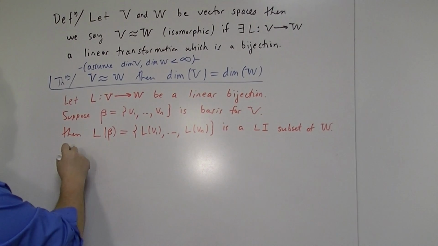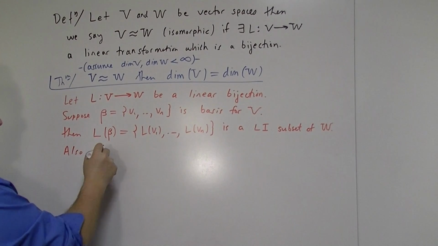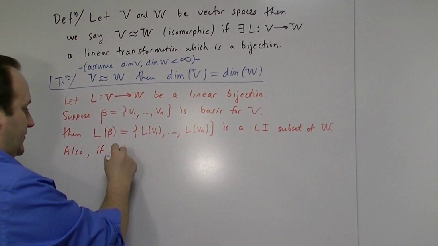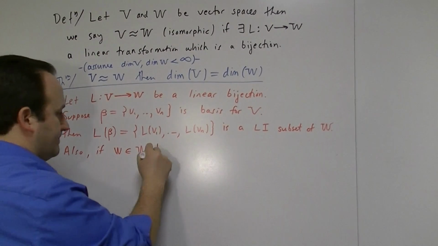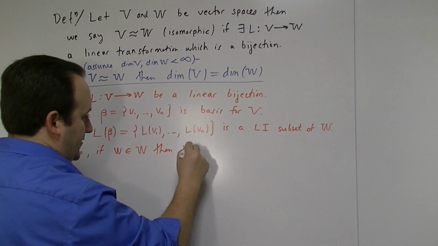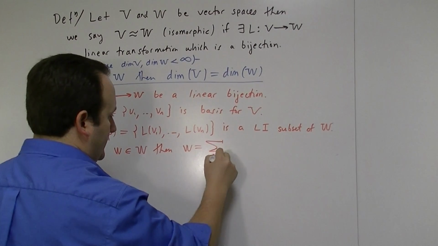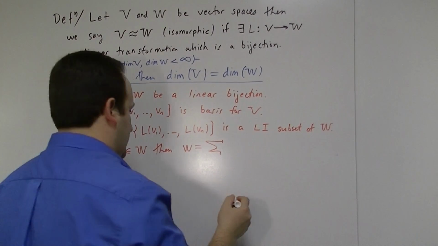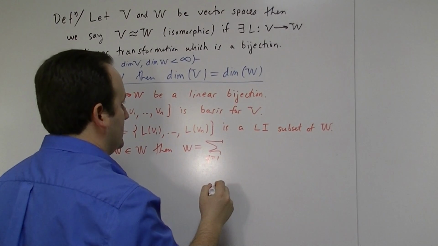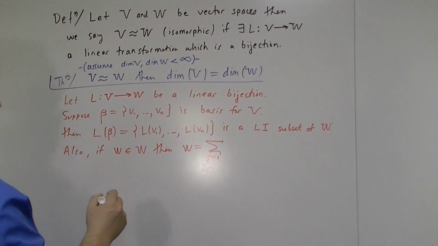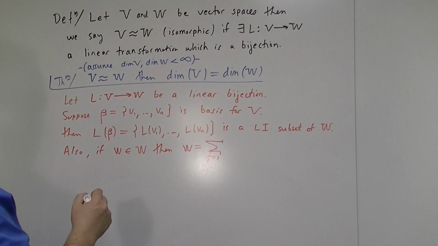Also, let's see here. If w is in W, then w is equal to a sum of, what is it? I don't know. j equals 1 to, oh, curses. Not sure I want to go that direction.